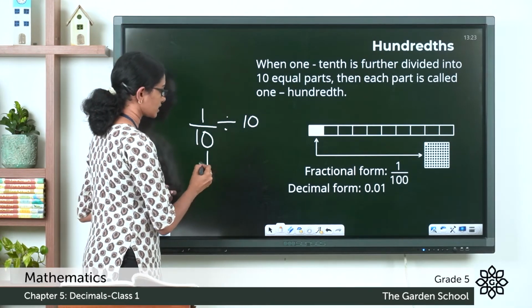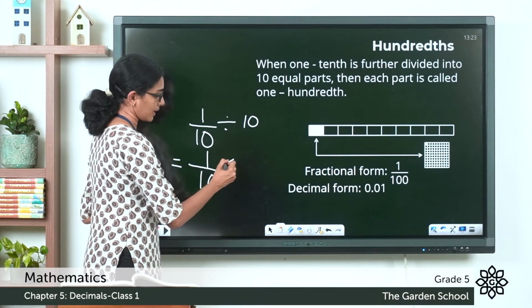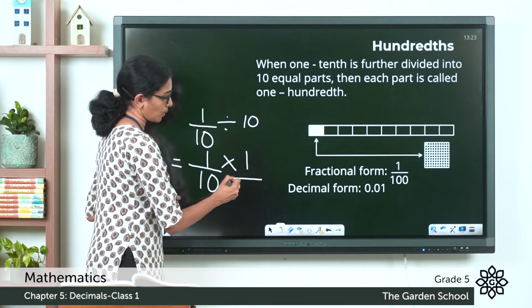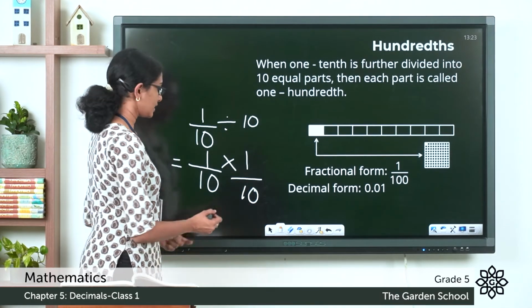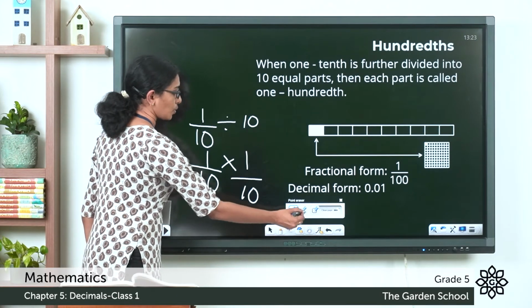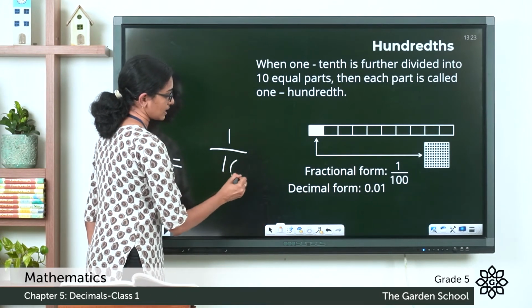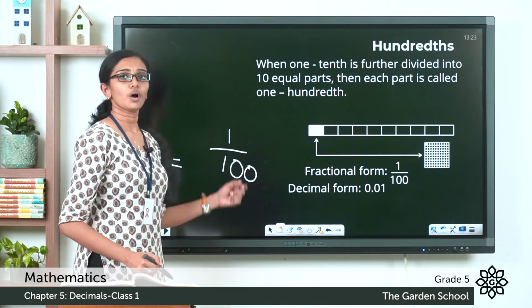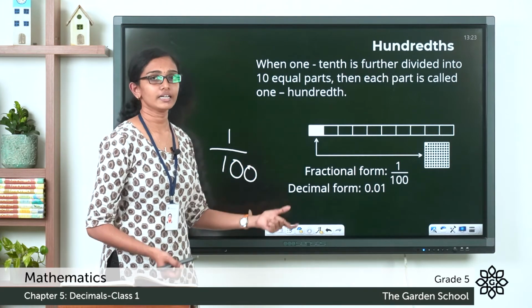How do we do this? 1 by 10 divided by 10 is equal to 1 by 10 into 1 by 10. And what is 1 by 10 into 1 by 10? It is equal to 1 by 100. And we read this as 1/100ths.